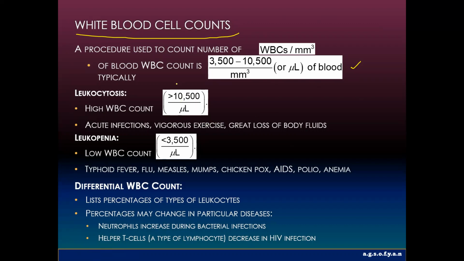Leukocyte. Okay, so if it is too much, if we have more than 10,000, for example, then the condition is called leukocytosis. So leukocytosis means too much white blood cell in our body, and it is not good because these white blood cells can kill our own cells if there are too many.